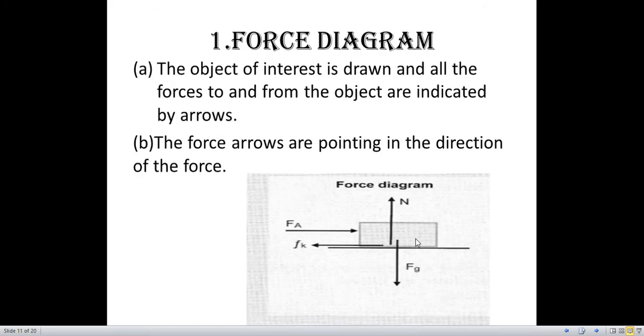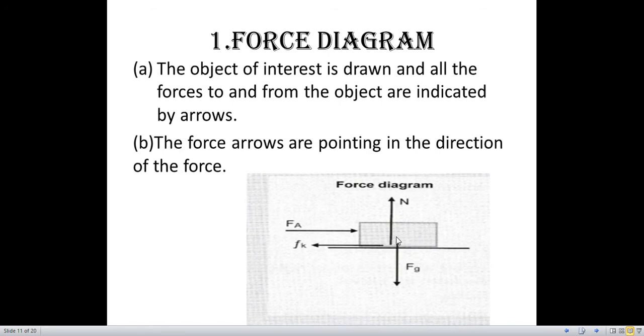Now let's look at the force diagram. In the force diagram, the object of interest is drawn, and all the forces to and from the object are indicated by arrows. The arrows are pointing in the direction of the force.